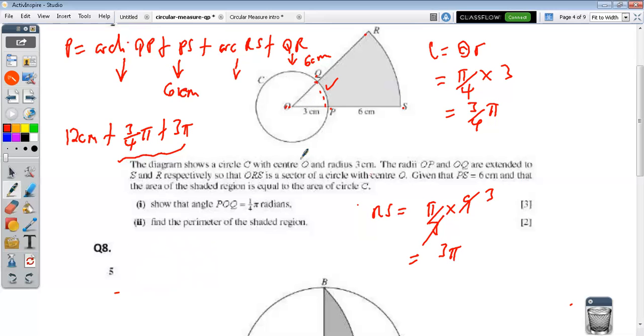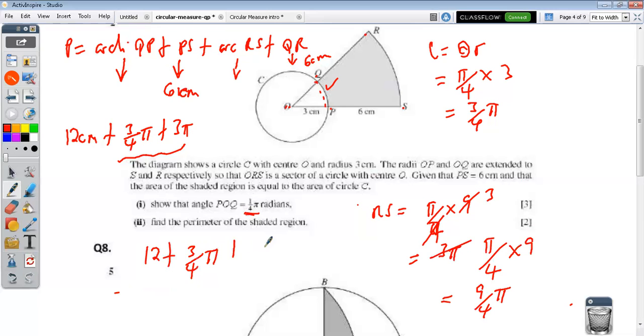So this angle here is pi over 4. So this was not supposed to be 3. This is pi over 4 multiplied by 9, so that gives you 9 over 4 pi. So it's actually 12 plus 3/4 pi plus 9 over 4 pi.